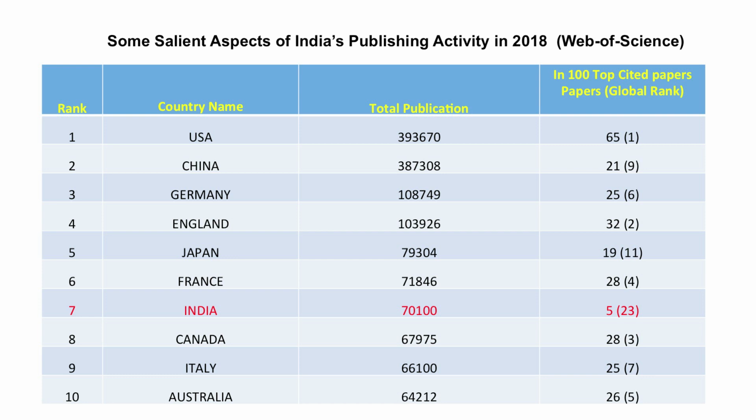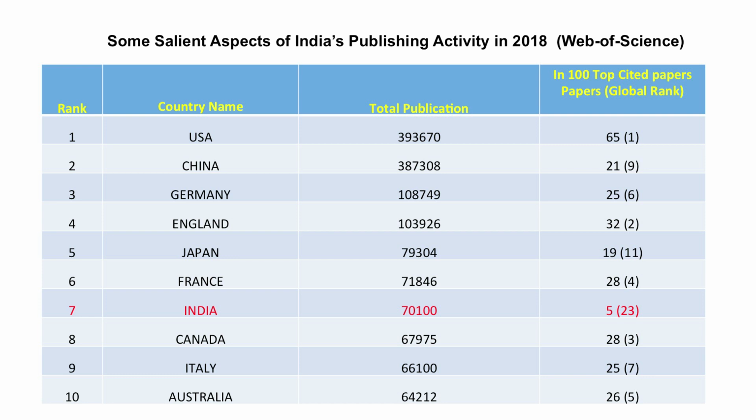USA and China are almost touching in terms of publication output, a very significant progress of China over the years. But on the other hand, when I qualify further with the 100 top cited papers in a research field across the impact, I see that India has only 5 papers in the top 100 cited papers globally in 2018, and India's rank becomes 23rd.